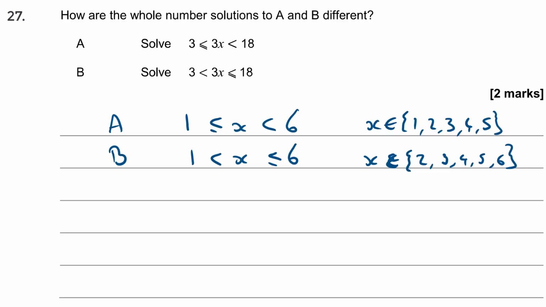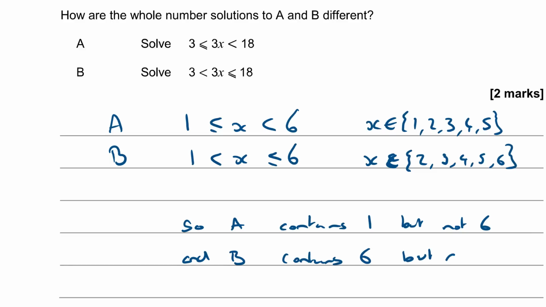Okay, so what's different about them? So I'm going to say A contains 1 but not 6, and B contains 6 but not 1. Okay, probably overkill, but I've covered everything now.